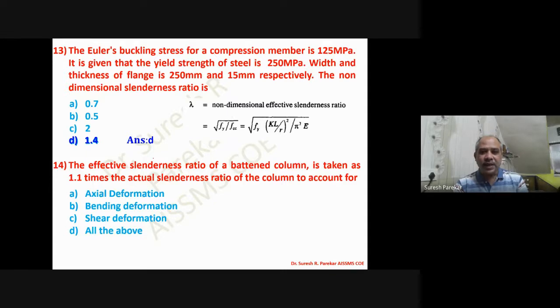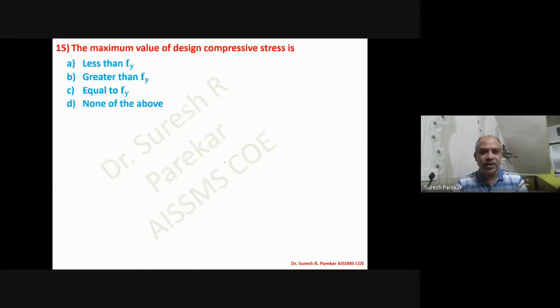The effective slenderness ratio of a batten column is taken as 1.1 times the actual slenderness ratio of the column to account for all the above, that is axial deformation, bending deformation and shear deformation. The maximum value of design compressive stress should be less than Fy.